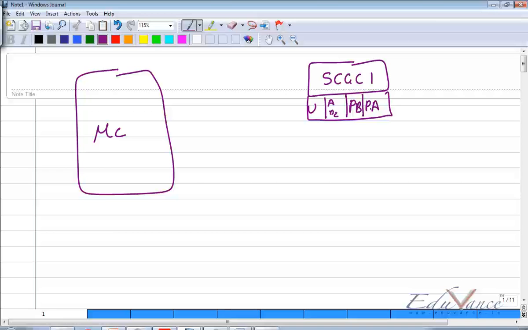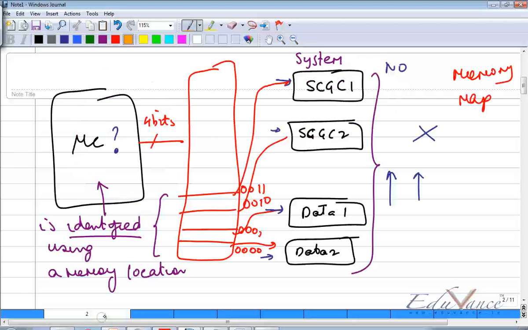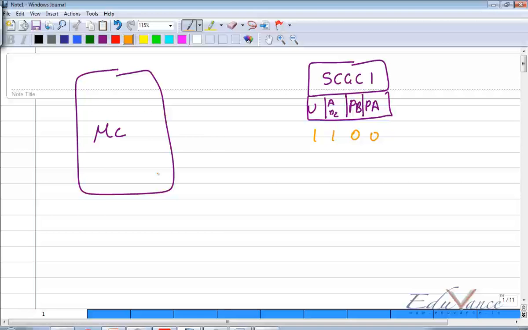So suppose your microcontroller wants to write the value 1100, then as per our example, SCGC1 is located at location number 0011. So the microcontroller will, on its address bus, put out the location 0011, and on the data bus will put out the value which is 1100.